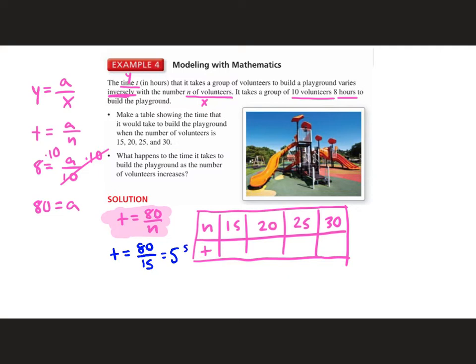So 5 out of 15, which would simplify to what? 1/3. So 5 and 1/3 hours. I guess we could say 5.33 hours, or 5.3.